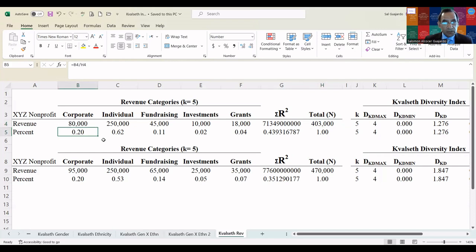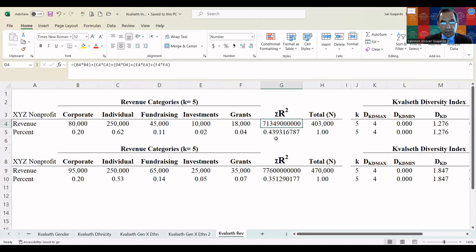Corporate donations represent 20% of the total revenue. Individual contributions represent 62%. Fundraising represents 11%. Investments is 2%. And the grant revenue represents 4%.